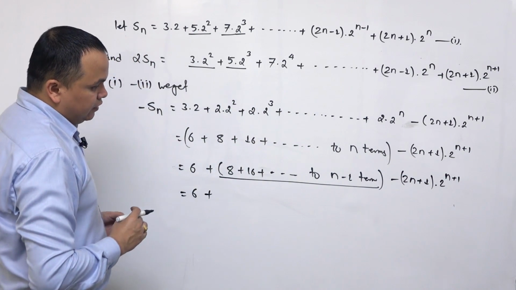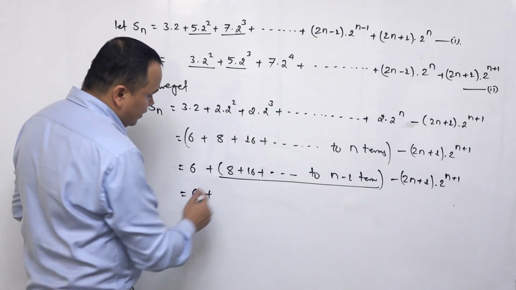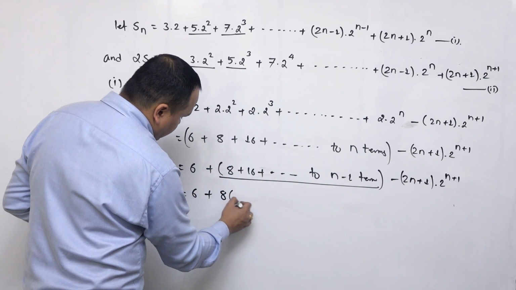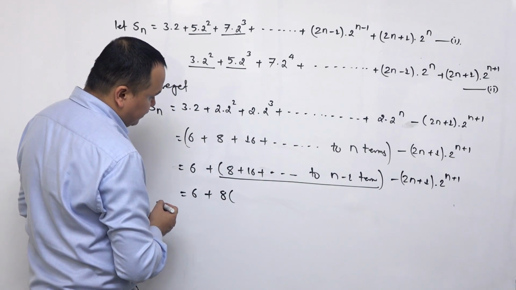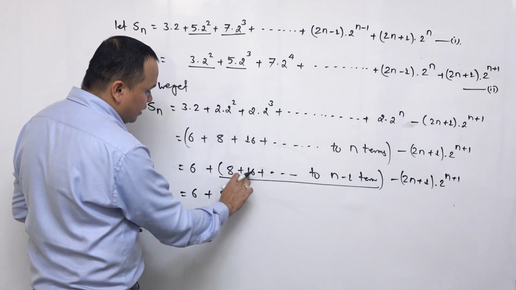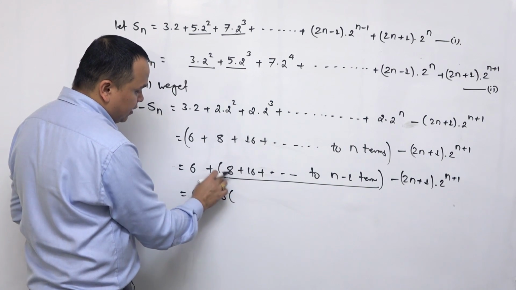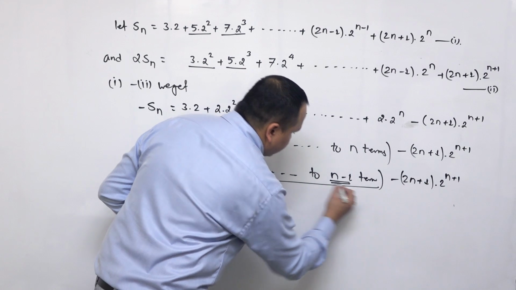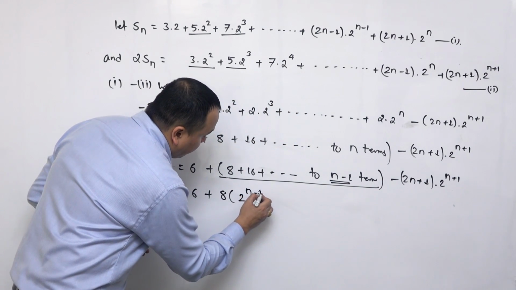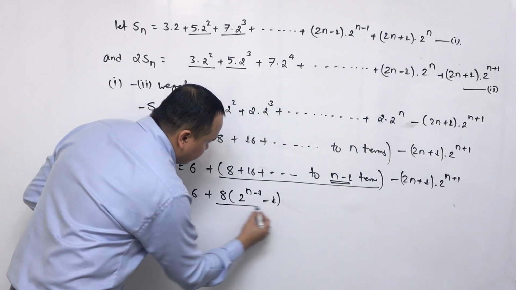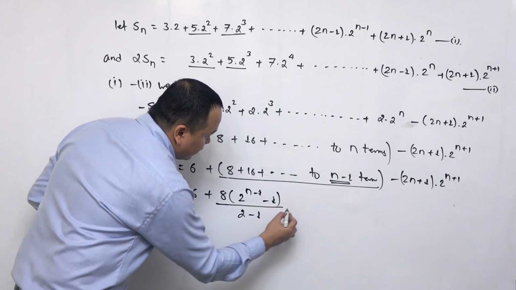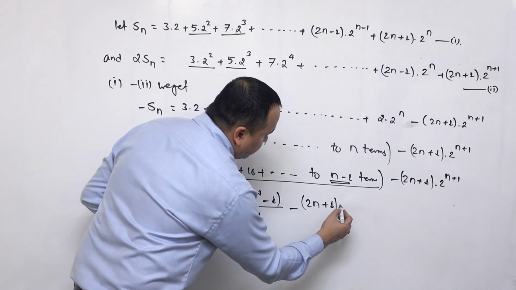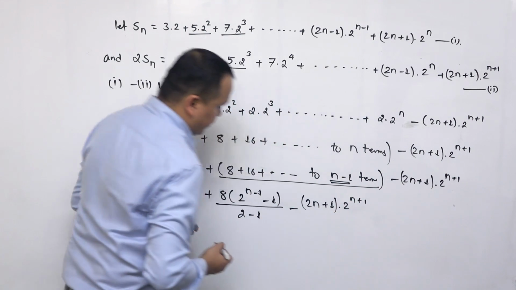Sum of GS. We have formula a is 8, r to the power n. We have r is T2 by T1, 16 divided by 8, 2. 2 to the power n minus 1, minus 1 divided by r minus 1, 2 minus 1, minus 2n plus 1 into 2 to the power n plus 1.